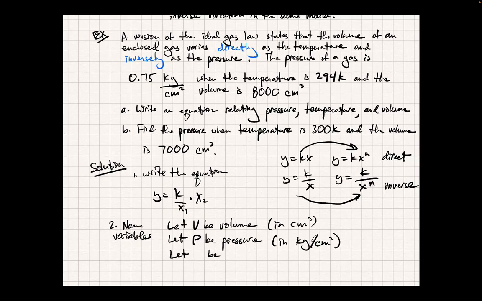Let's think about it. Where are we at? I'm making variables for volume, pressure, and what else do I need? Temperature. So put T, for temperature. What's my units? V, P, T. What's my units? Arlo got it.